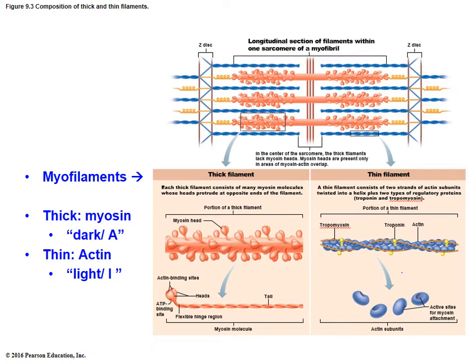And also what we're going to see, if we take a look at our sarcomere, is that there are certain sections where there's a lot of overlap between the thick and the thin. That will be our dark region, our A region. And then we'll have a section where you have mostly thin by itself. That will be our light region.